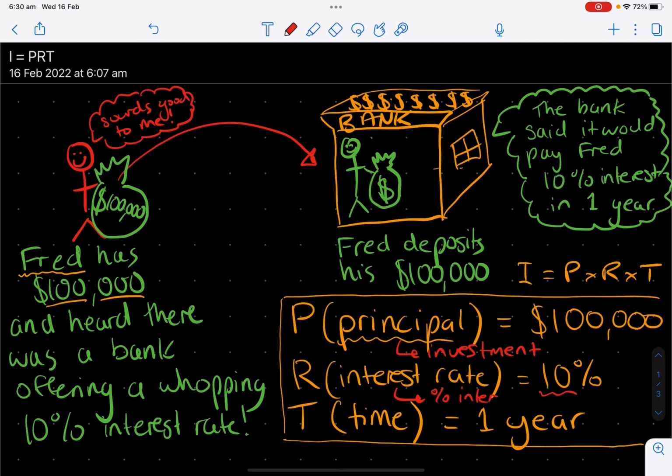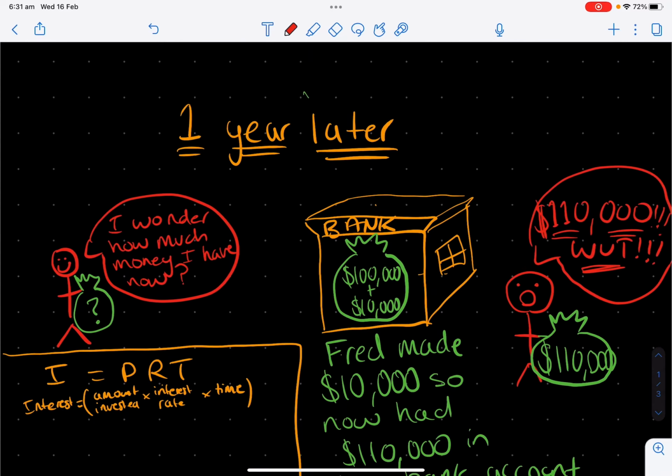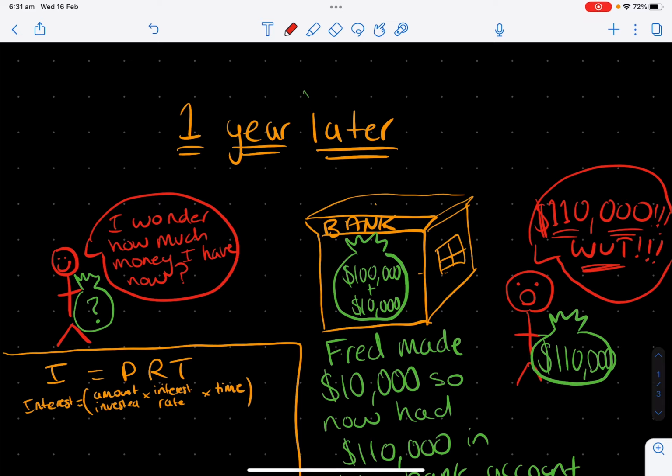And then the time is the interest period, the time at which Fred will eventually be paid back his money. So, in 1 year's time, after some time passes, a long time, it goes around and around and around until eventually Fred can come and collect his money.